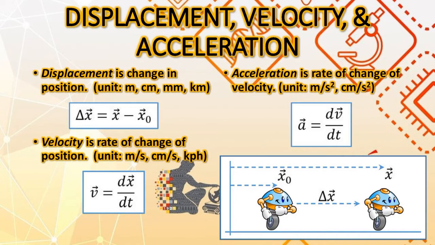So a is equal to dv over dt, or differentiation of velocity with respect to time. That is basically velocity over time, meters per second divided by second, so you have the unit for acceleration, meters per second squared. You also have centimeters per second squared.